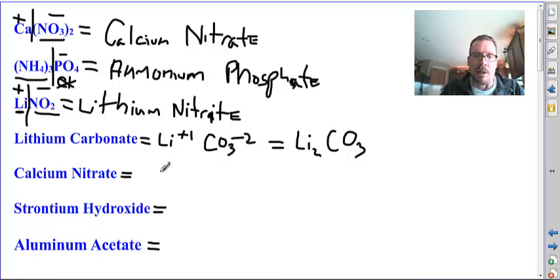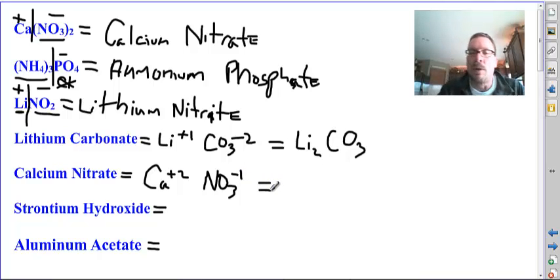Here I have calcium nitrate. Calcium is Ca. I go to the periodic table. It's positive because it's the first one written. It has 2 valence electrons, so it's going to be a +2. Nitrate, by looking on my cheat sheet, is NO3. That has a -1 charge according to the table. And this is where the parentheses become important.